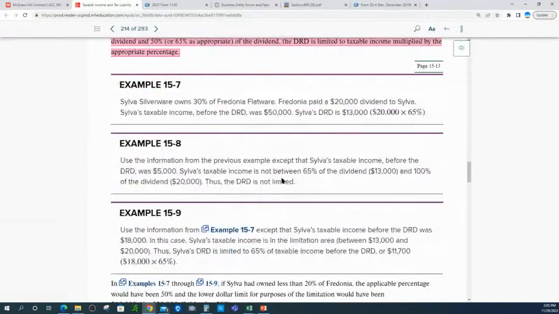Now, same information, a little bit different. Silva's taxable income before the dividends received deduction is only $5,000. Then their taxable income is not between 65% of the dividend and 100% of the dividend. Therefore, the dividends received deduction is not limited.